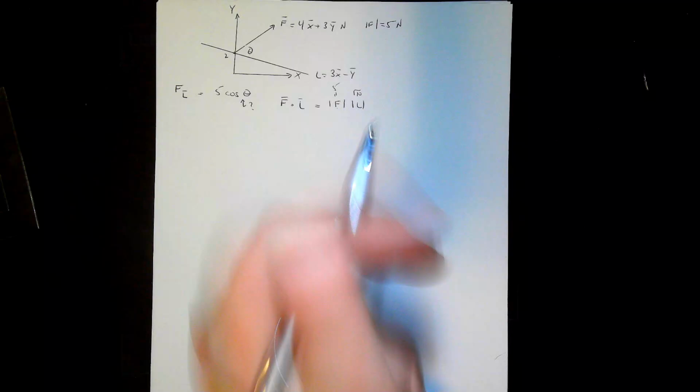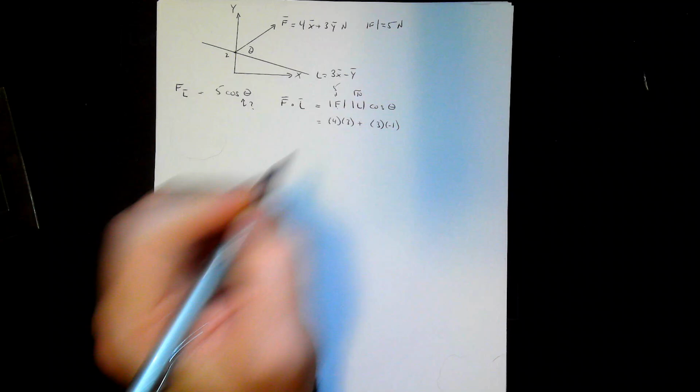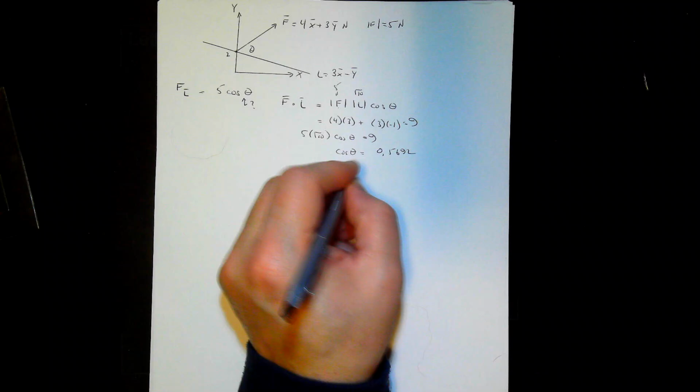The force vector is 4x plus 3y newtons. And we'll let that be theta. And somebody comes and asks you the following question. Find the force F along vector L.